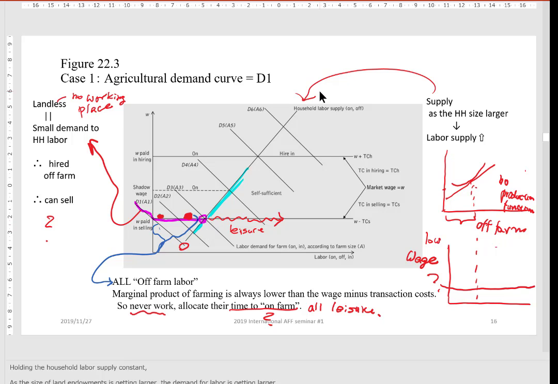Since this is household labor supply and demand, and the household can sell at this price, the household labor can be sold as off-farm labor up to this amount. The rest of the household labor cannot be sold, so that time is allocated as leisure.